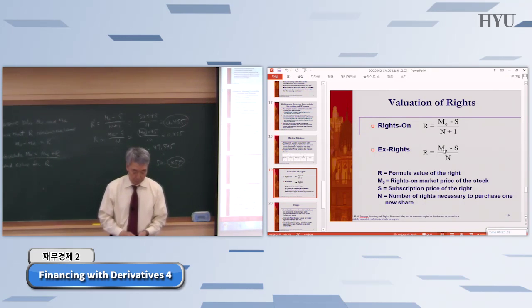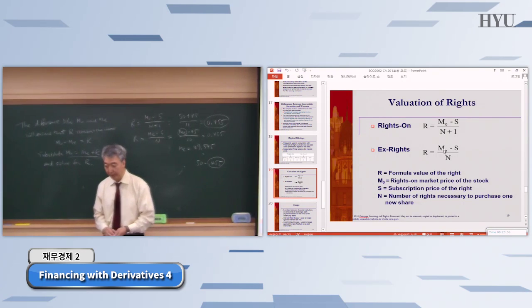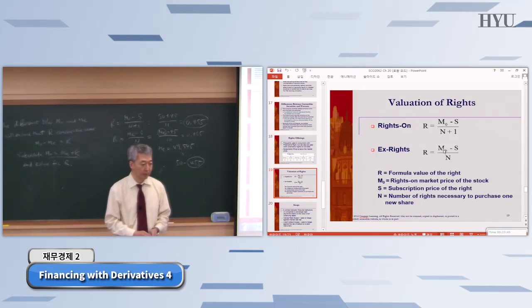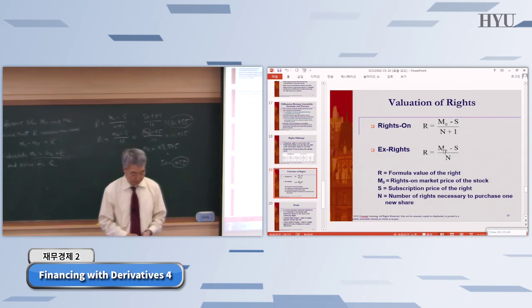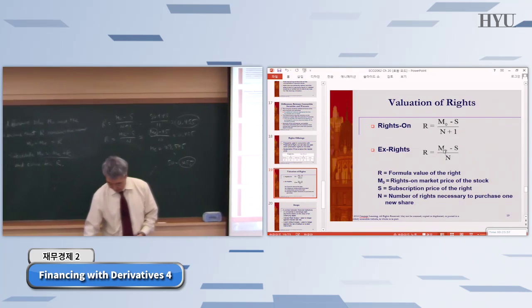You have an option to purchase the new share or not. If you don't want it, you can just let it expire, or you can sell it in the market. That's the idea of rights.